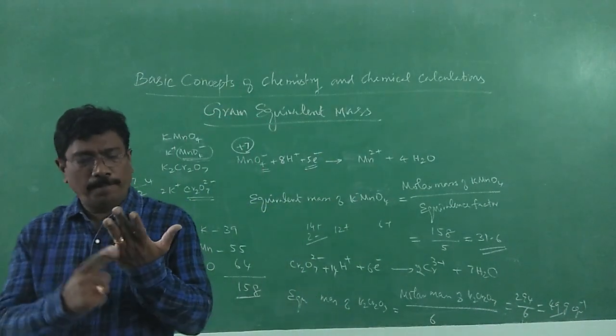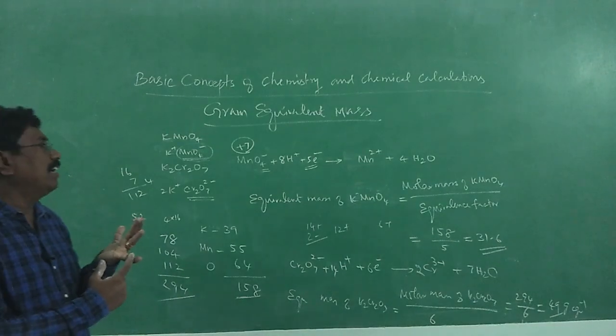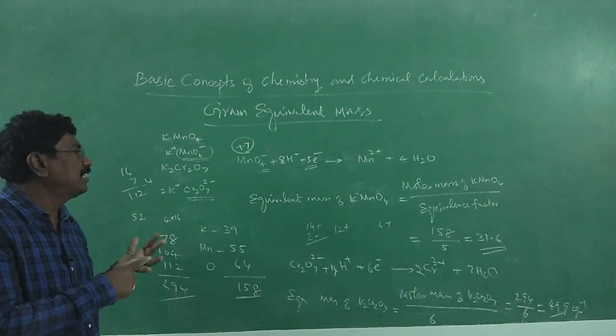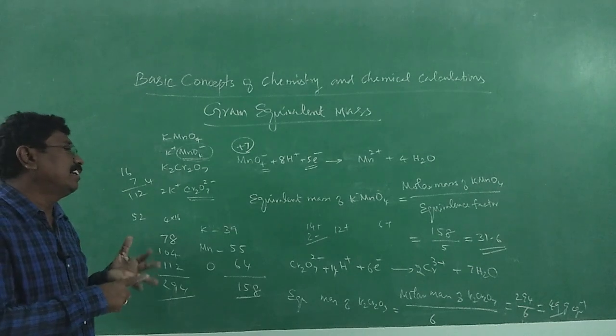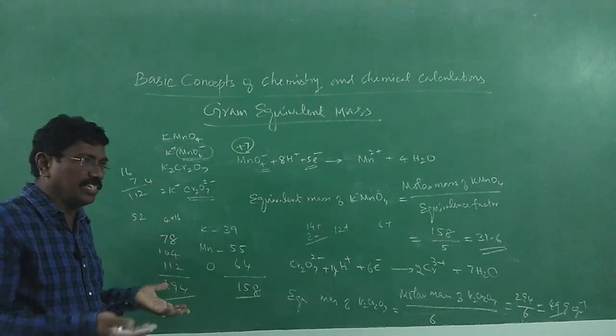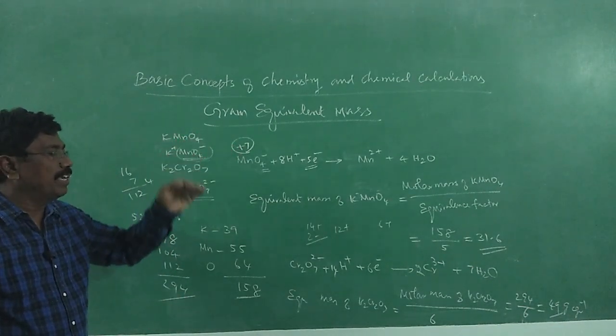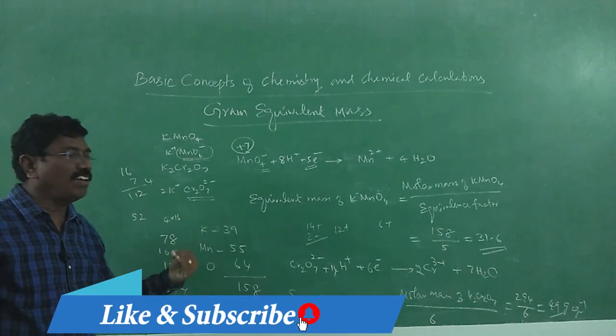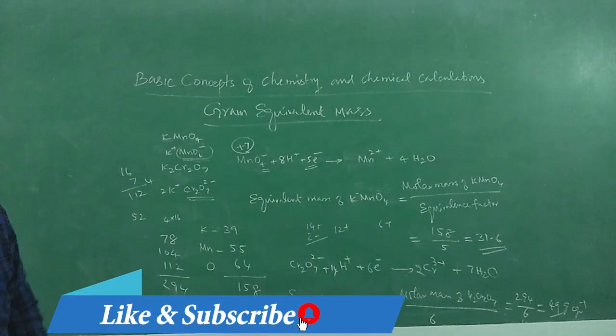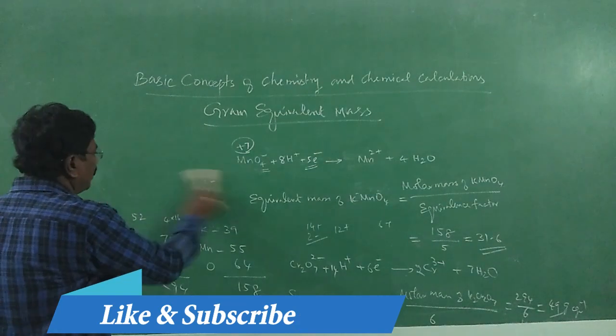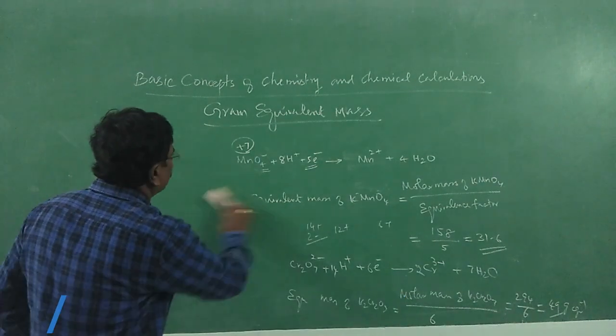For an acid, molar mass divided by basicity. For a base, molar mass divided by acidity. For an oxidizing agent and reducing agent, molar mass divided by the number of electrons gained or lost. For oxidizing agents, electrons gained. For reducing agents, electrons lost.